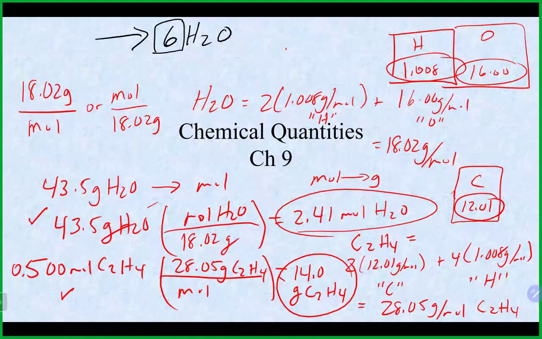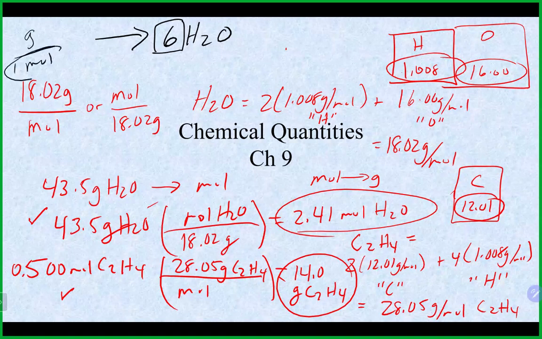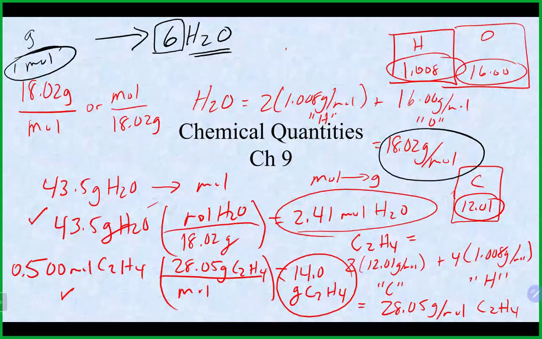So you just add up all the parts of one of the formulas. That is basically the definition of molar mass: how many grams there are per 1 mole. So again, we would use the 18.02 here for the water. We would not incorporate the 6 in the molar mass part of the calculation. As we'll talk about, we will incorporate that in a different part of the calculation, the stoichiometry part, but you don't want to do that twice. It's a very, very common error that people make, which is they want to incorporate it in the molar mass. So molar mass should always be just the formula by itself.